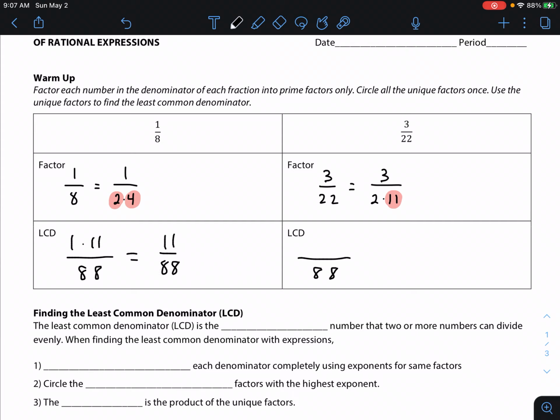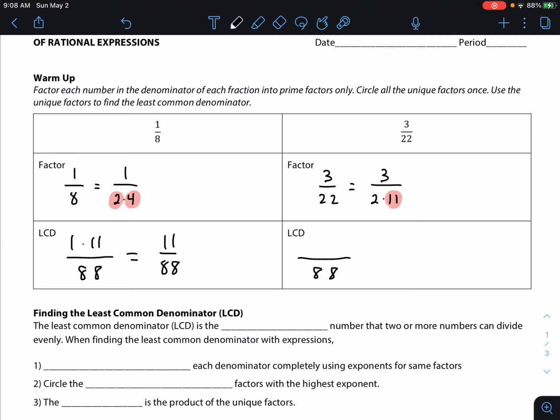Okay, and then with the other one, this is where it gets maybe a little bit trickier. So I multiplied the first one by 11, and you might look at this and say, oh, I'm going to multiply this other one by the 2 and the 4 because that's what's highlighted over here. Well, we don't necessarily want to do that because we only want to multiply it by the unique factor.